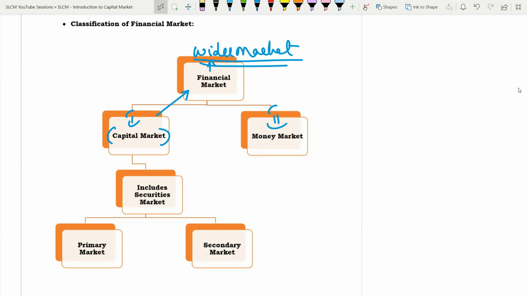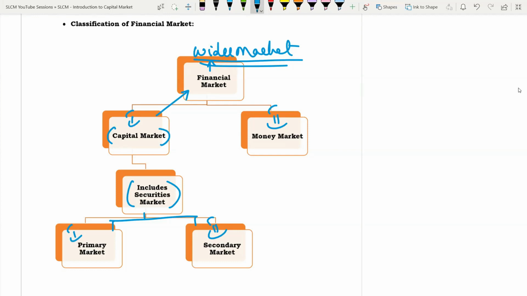Further, the capital market is going to include the securities market, and the securities market is further subdivided into primary market and secondary market. So what is the capital market, what is the money market, what are the securities market, primary and secondary market is what we have to lay emphasis on to understand the other provisions of this particular subject.